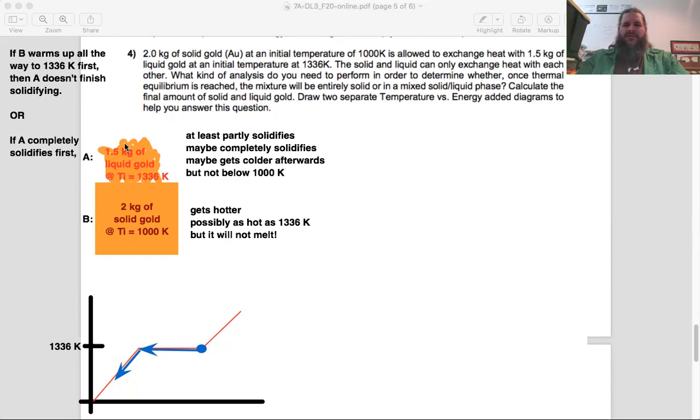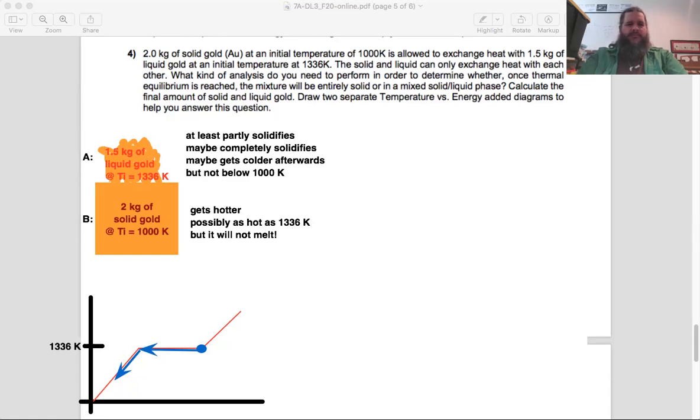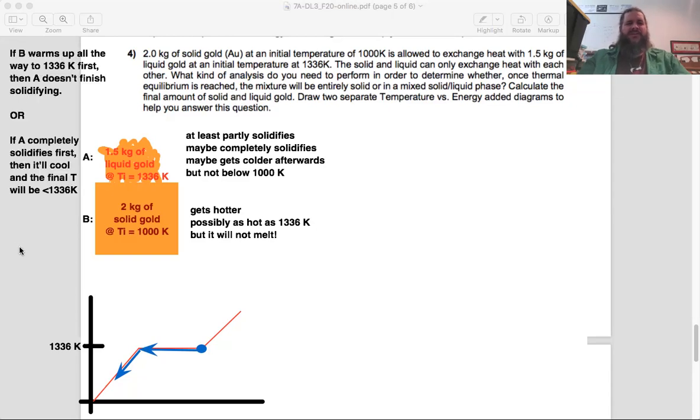Yeah, it's all solidified, and that's going to get colder, which means they're going to meet somewhere in the middle. So the final temperature will be less than 1336 Kelvin.